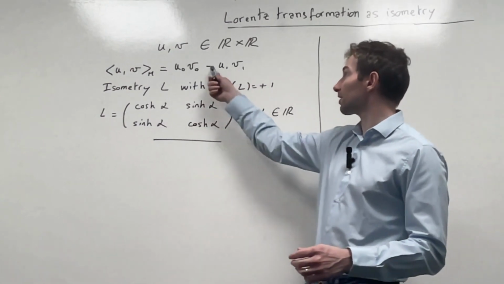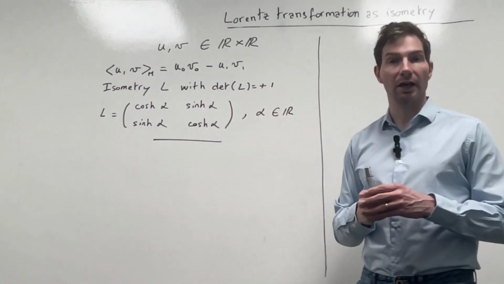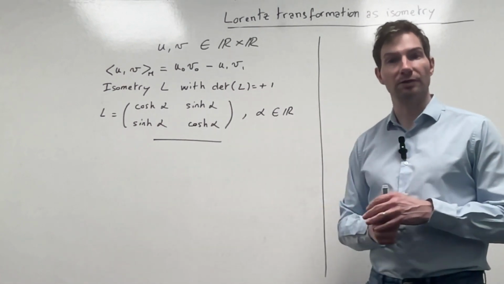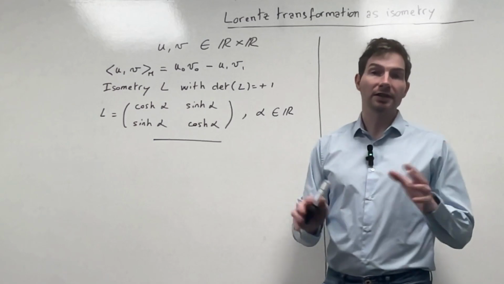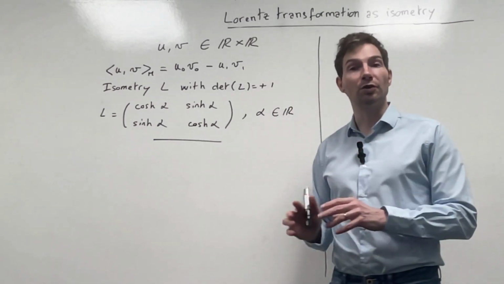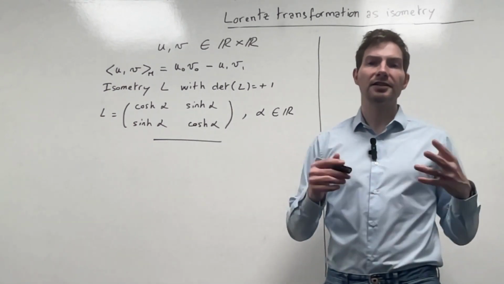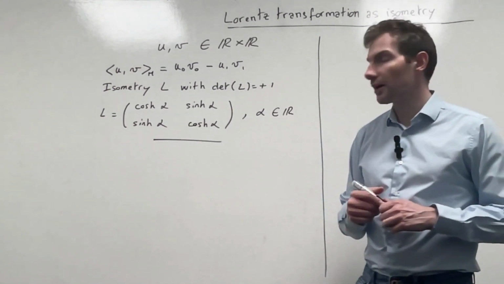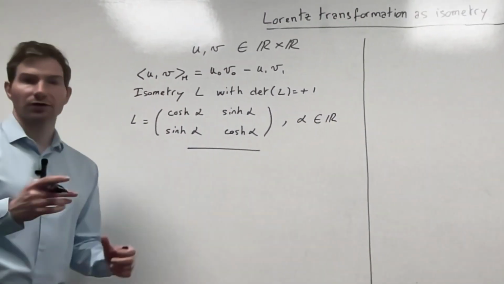And if you have a minus sign here, you get actually some sort of hyperbolic transformation of the vectors. Okay, so now that this is summarized and reminded, we can move on to trying to get to these Lorentz transformations, at least in the form that they are seen in physics, or theoretical physics.